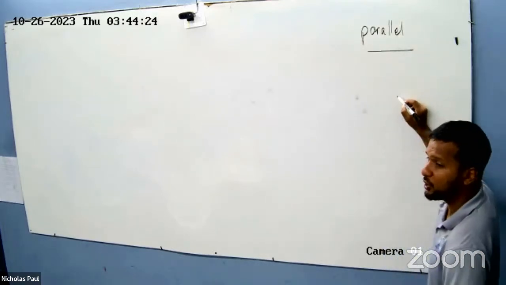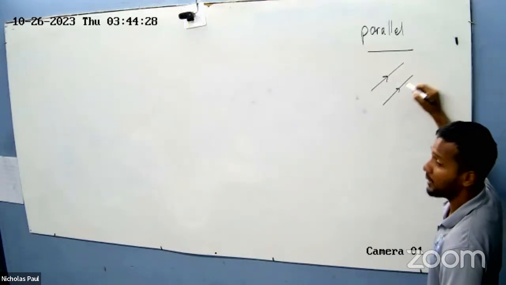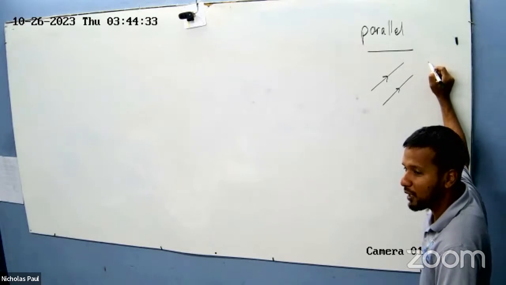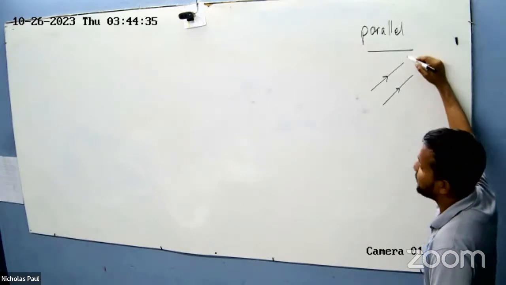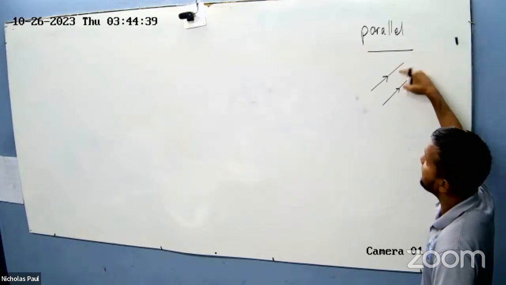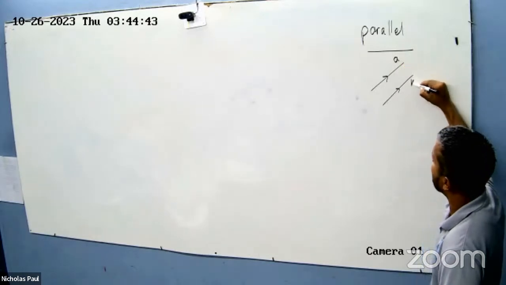If I give you two vectors and you have to show that these two vectors are parallel, what you have to do is show that the vectors are multiples of each other. For example, if this vector is a, then this vector is a multiple of a.